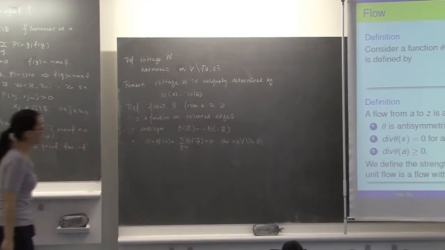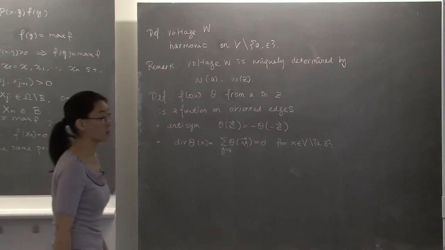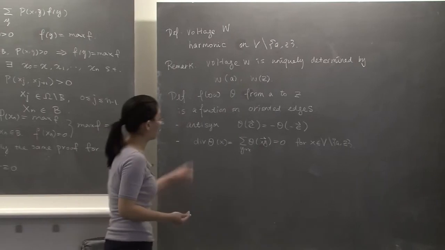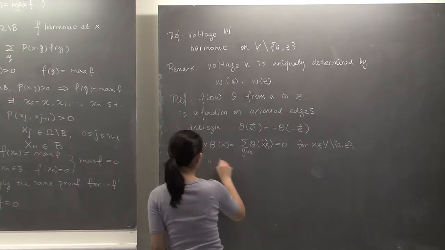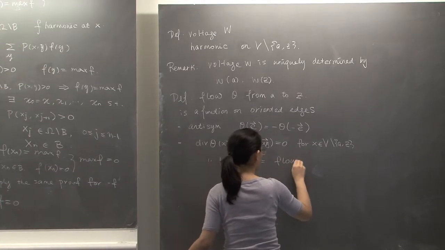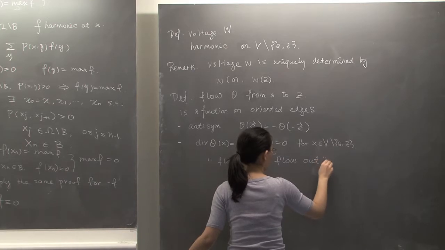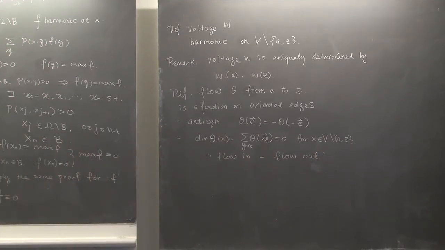And this property is actually the property we call the knot law in physics. So it means that for a vertex outside the source and the sink, we always have flow in equals flow out. So this is the knot law in physics language.